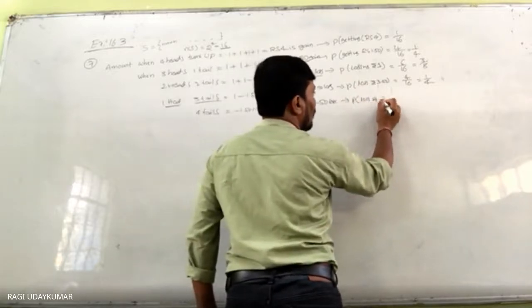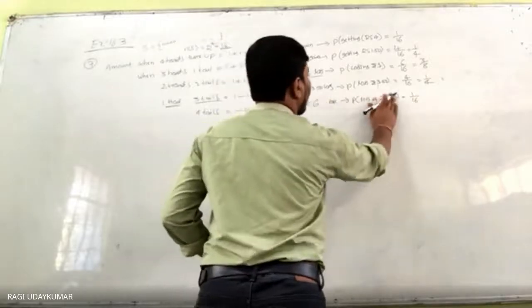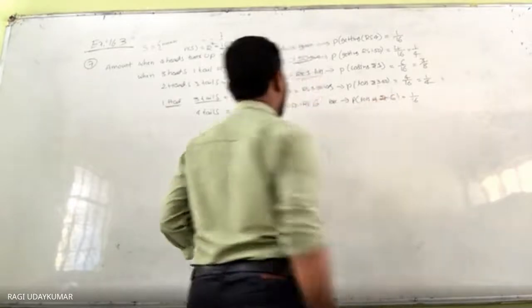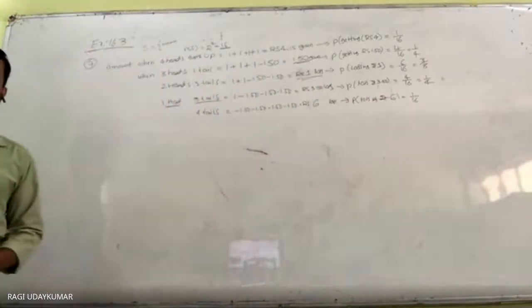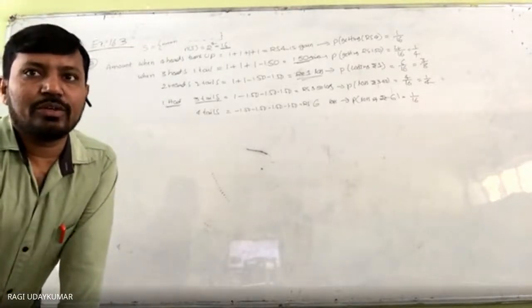Sir, rupees 6 maybe. 1 by 16. Huh? Rupees 6 maybe. 1.5 into... Oh, 6, sorry, 4. Sorry. Rupees 6. Yes, rupees 6. That's all. This is only the question. It looks like a different question to you.